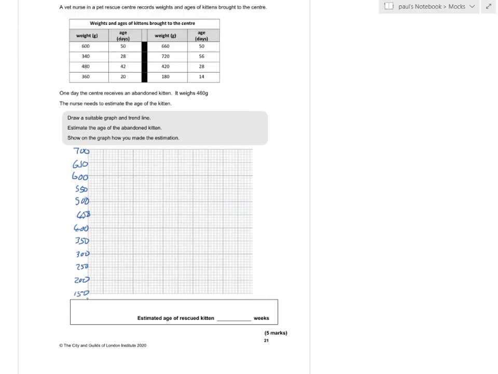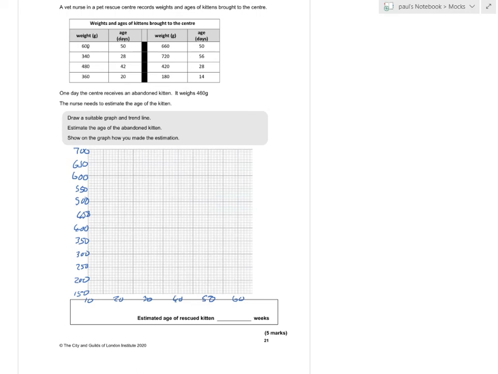If I start at 10 and go up in 10s: 20, 30, 40, 50. This is horrible, this. Oh, and we're going to go up to 60.